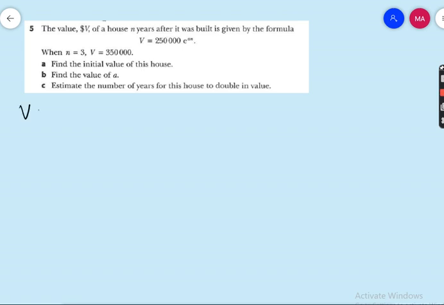So V equals 250,000 e power an. When n is 3, V is 350,000. Part A. Find the initial value of this house.